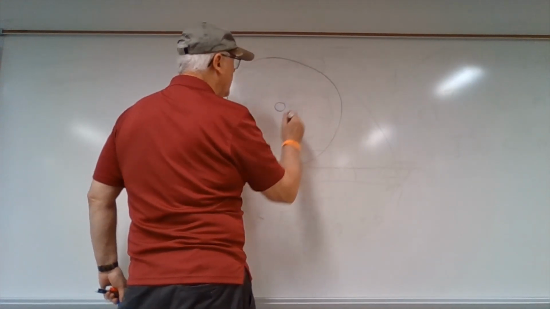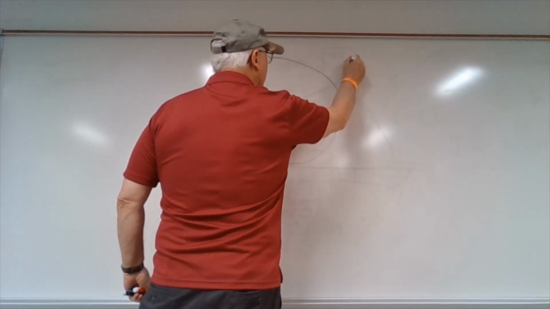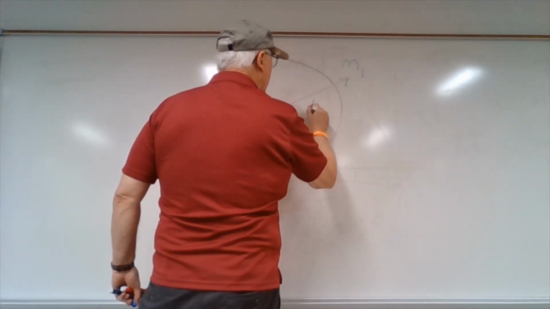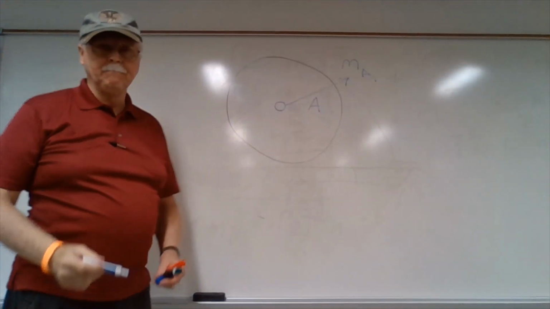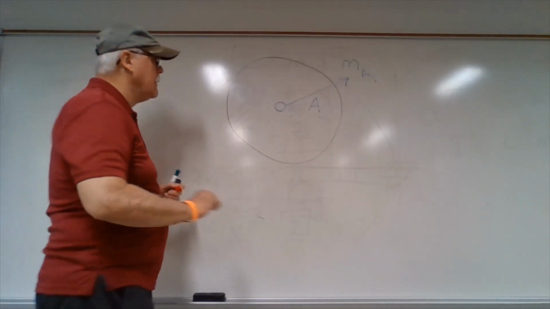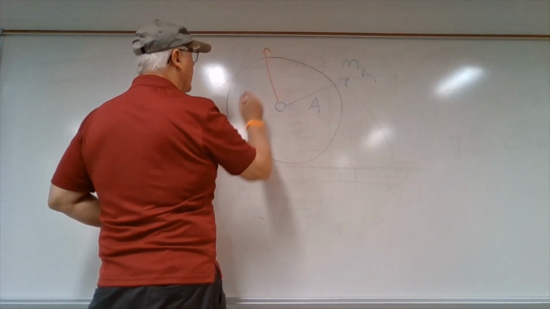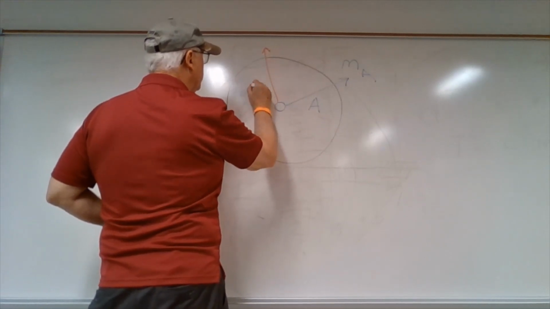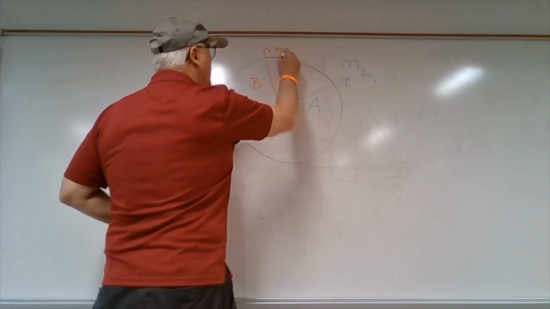We're going to load a vector which is going to have a mass. We'll call that vector A and mass A. Then we're going to add another vector to it. We'll call that vector B and mass B.